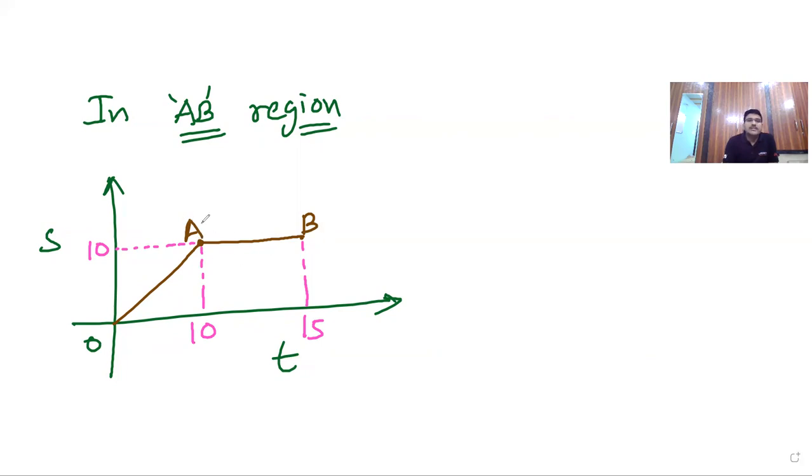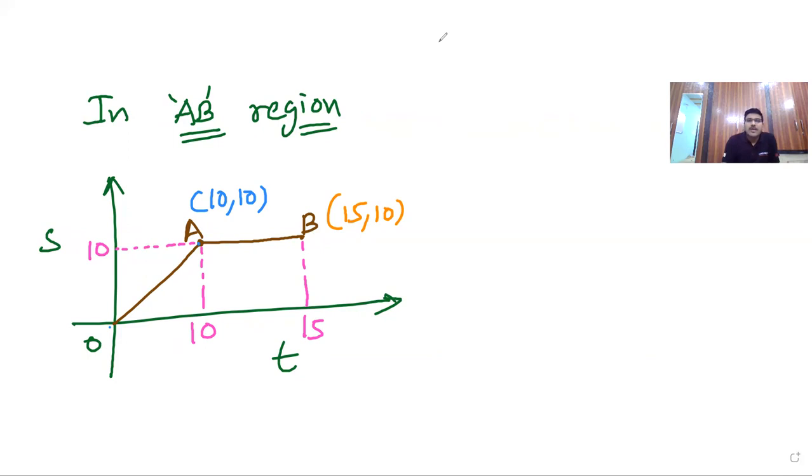What are the coordinates of A? x-axis 10, y-axis 10. So 10, 10. What are the coordinates of B? On the x-axis 15, y-axis is 10. So 15, 10.